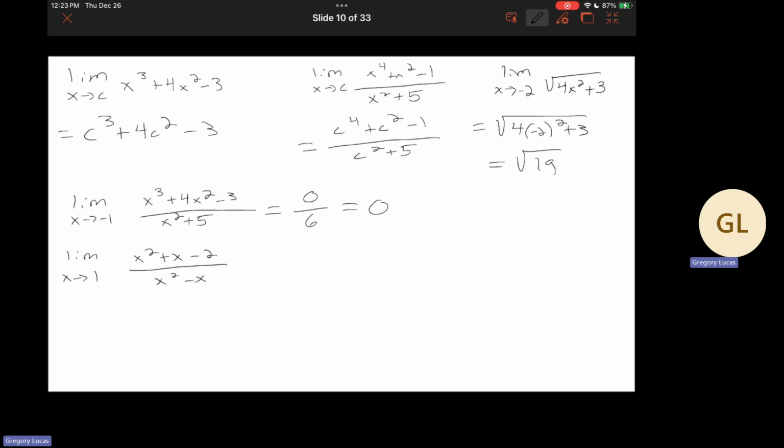If I plug in that 1, I'm going to have 0 in my numerator, and I'm going to have 0 in my denominator as well. So what I can do is simplify it. We can't do 0 divided by 0. That's undefined. So what I do is factor. X squared plus x minus 2, remember, is equivalent to x minus 1 times x plus 2.